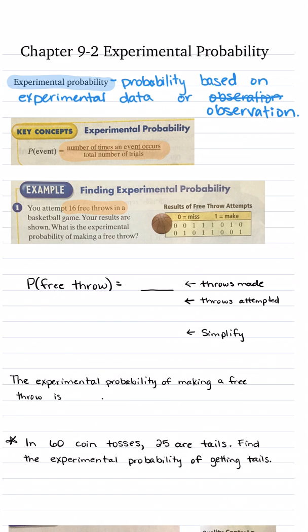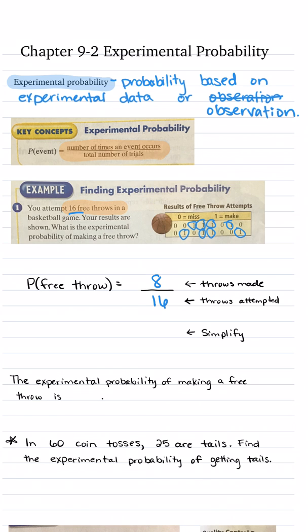The 0 means misses, 1 means you made it. So you made it 1, 2, 3, 4, 5, 6, 7, 8 times. So 8 throws were made and you had 16 attempts. You could count all the numbers. Then let's simplify that. 8 over 16, 8 goes into both those numbers.